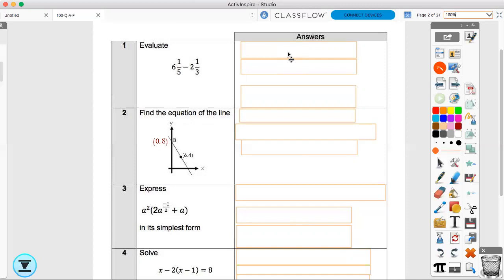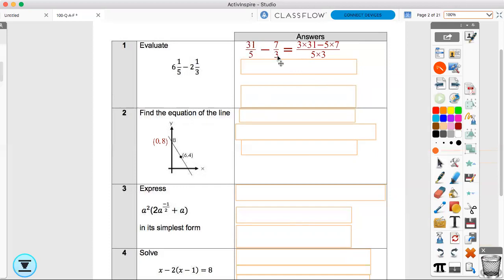Okay, and if you were to do that, the first thing you would get is 31/5, because you do 5 times 6 plus 1, over 5. Take away 3 times 2 plus 1, that's 7/3. And once you do that, some might say, okay, I need to get the common denominator.